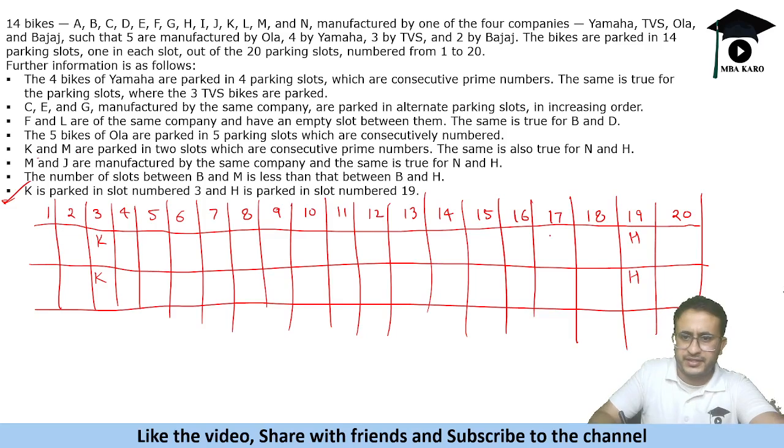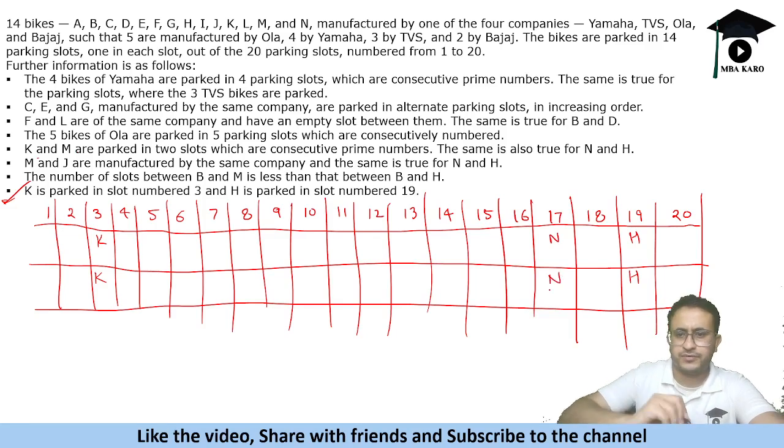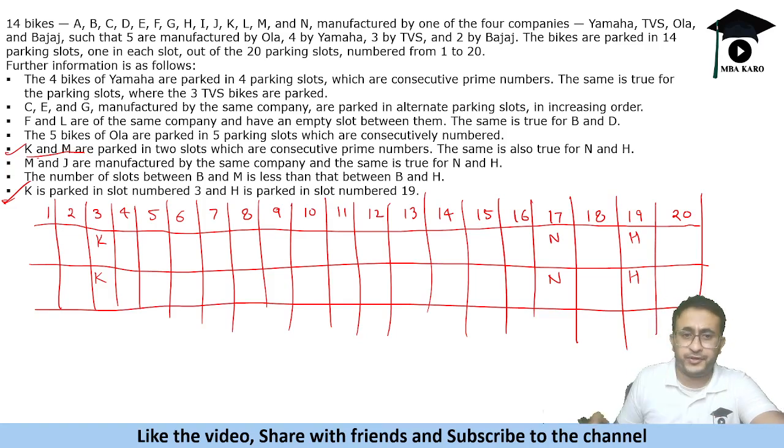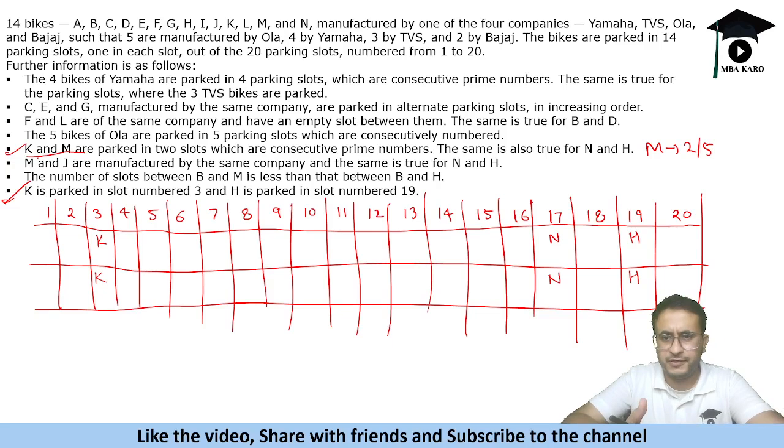Right, so N is 17 and this is also 17. Now K and M are consecutive prime numbers. Okay. Now if you look at this, this was the upper end. So there was only one prime number. But for K, the consecutive prime number can be 2 or 5. So we know M is 2 or 5. Okay, so let's put it for now. We will fill it later.